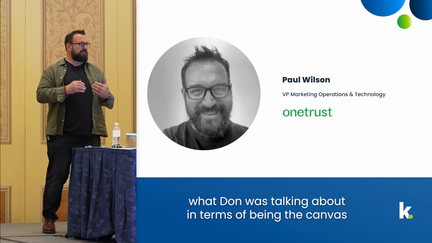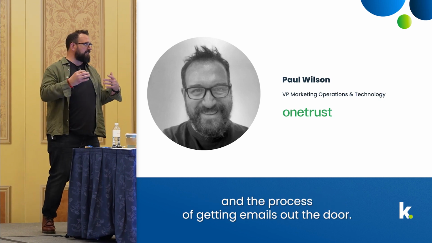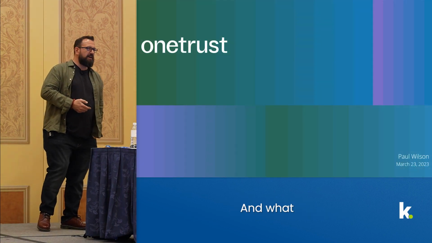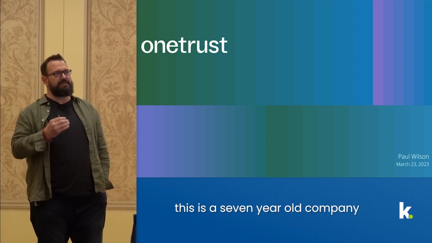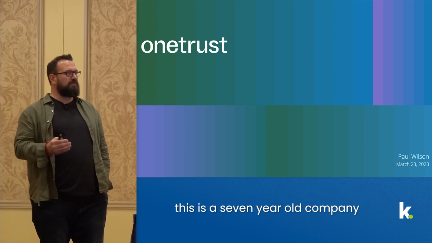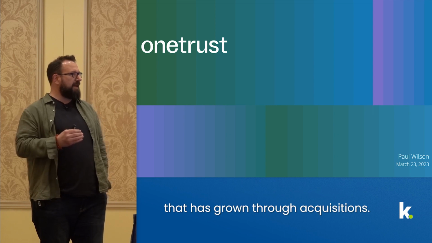So what I'd like to talk about today is what Don was talking about in terms of it being the canvas and the process of getting emails out the door. What we've been challenged with at OneTrust is this is a 7-year-old company that has grown through acquisitions.